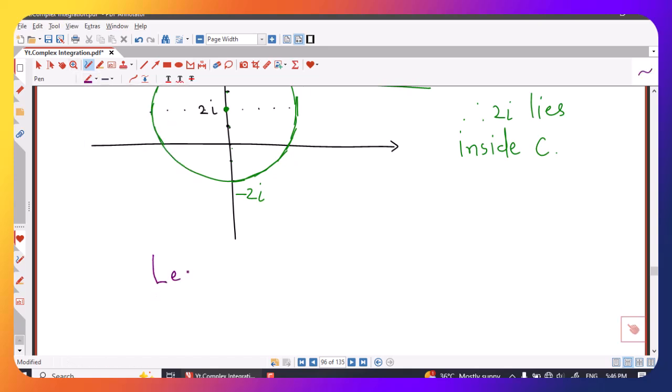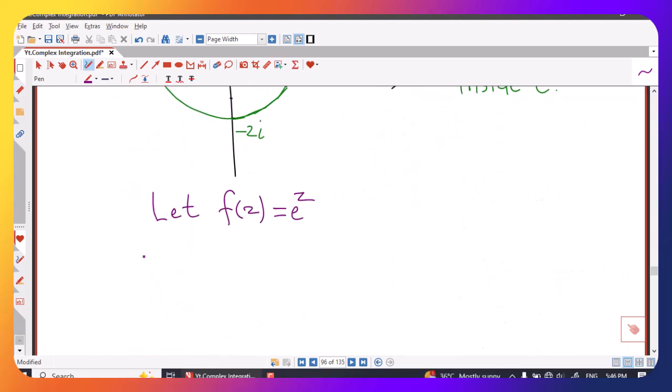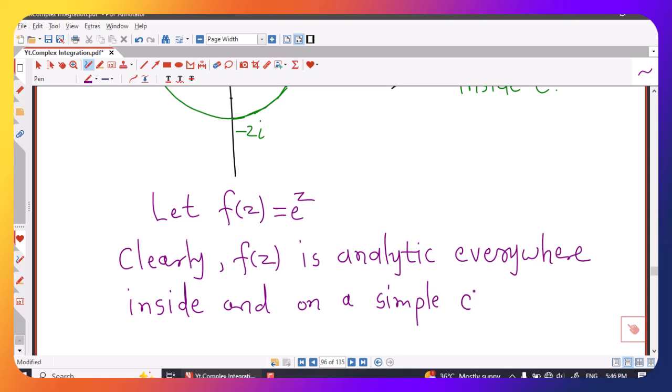We can start with f of z equal to e raised to z. So we can write that clearly, f of z is analytic everywhere inside and on a simple closed contour.